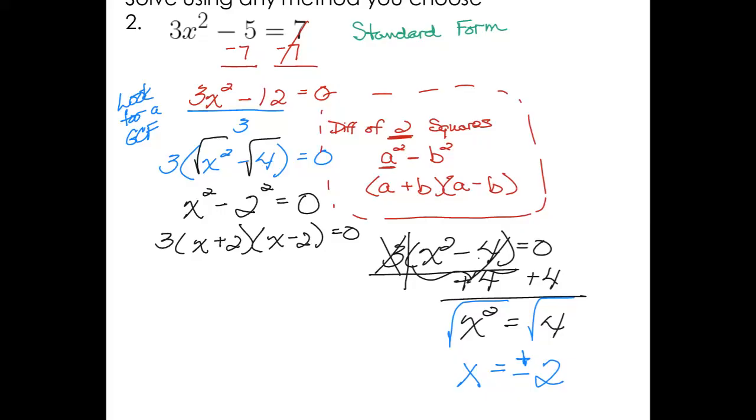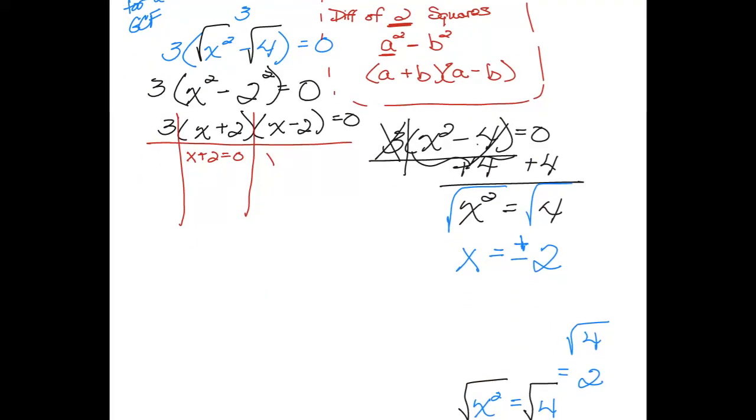And you have the 3 out in front still. And then when you would set this up, okay, we would say x plus 2 equals 0, x minus 2 equals 0, and solve. Subtracting 2, subtracting 2.